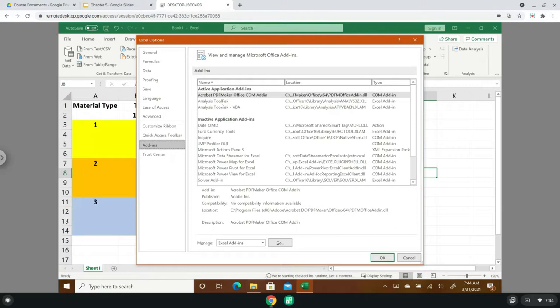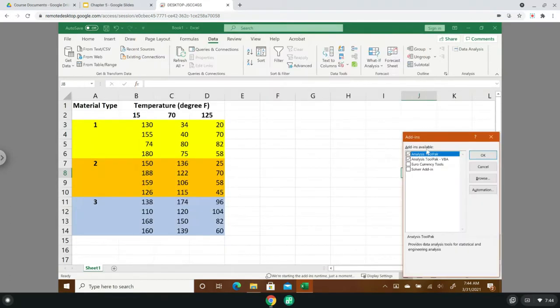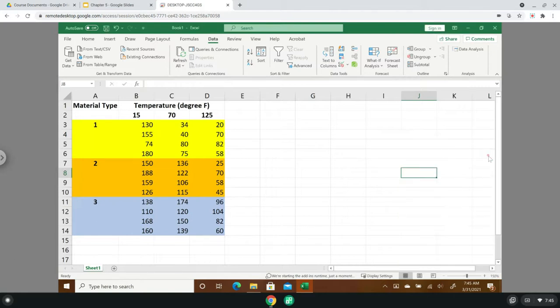So I'm going to select this Analysis ToolPak, and maybe you even want to select Analysis ToolPak VBA, but I think the one is just enough. Then after selecting that, you need to click on Go, and it has these options that you can choose, Analysis ToolPak VBA, and click OK. Since I already have it installed, I don't need to do that, but that's how you can access the Data Analysis ToolPak in Excel. Now, let's click on that.